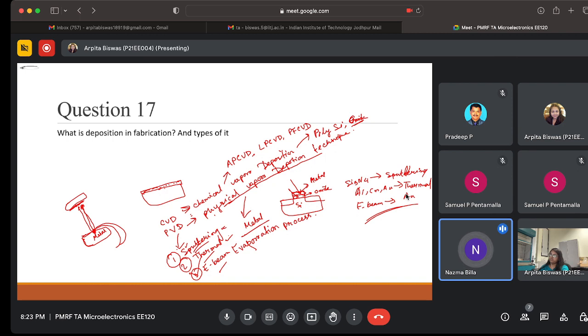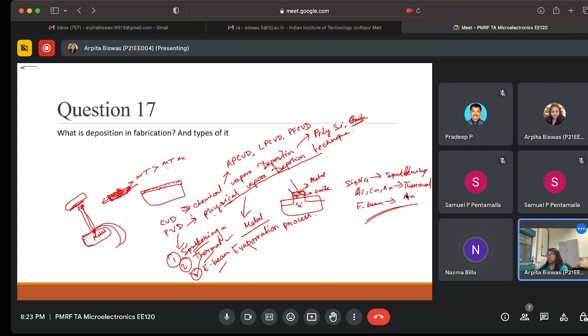Temperature is used to heat. Yes, like with temperature, there is a boat, and the gold is present here, and a high current is passed through it, so it heats up.